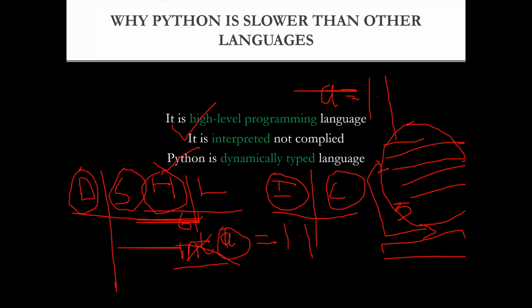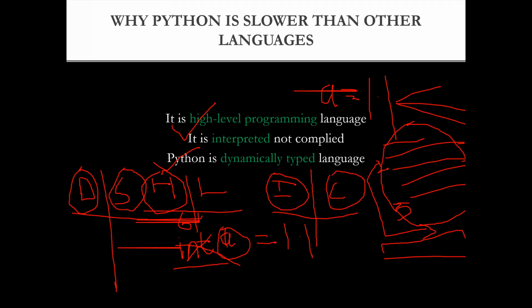To make this possible, it will internally look into a table of data types like int, float, string, and match this one with the available data types. It will internally find which data type this is, and it will understand that this is a float type. You don't have to write float or int or anything.